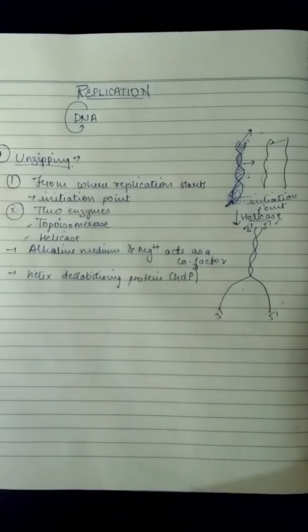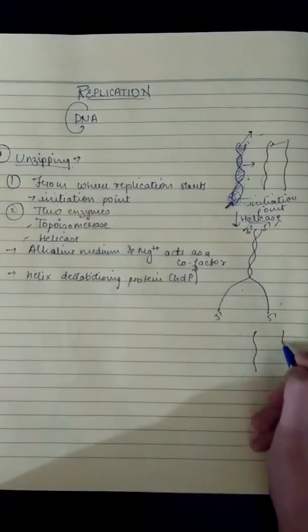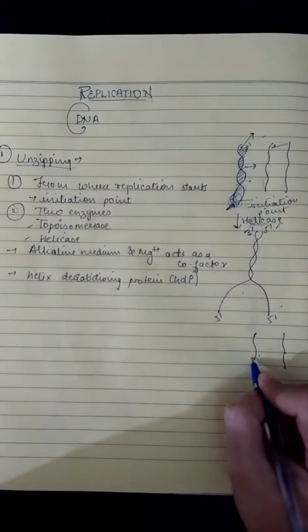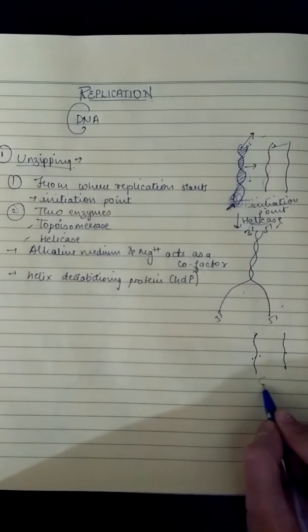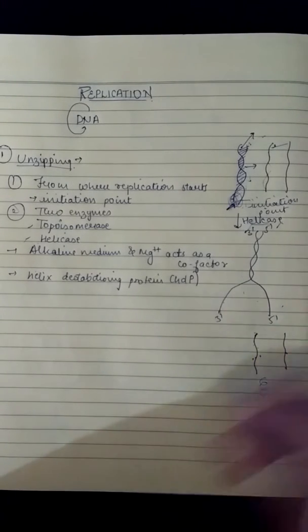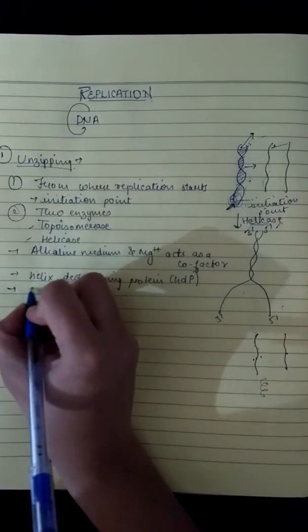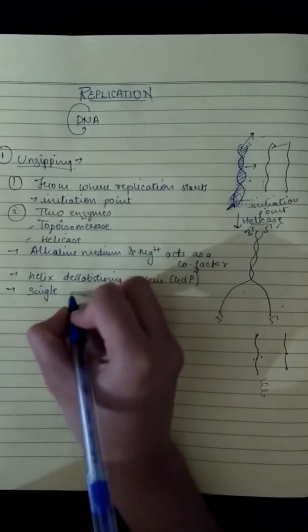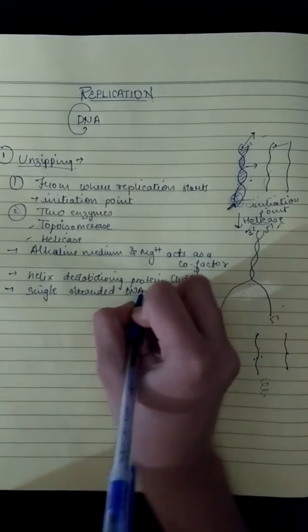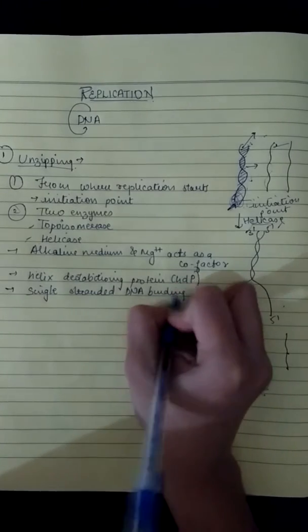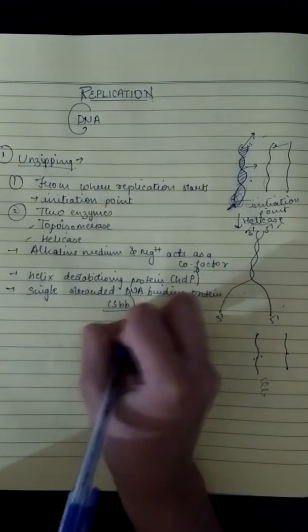So for that, helix destabilizing protein acts on them. Fine. Now after that, we get two strands like this, but these two strands also have the tendency for coiling. They can also coil. So for preventing that, another protein is required, single stranded DNA binding protein, known as SBB protein.